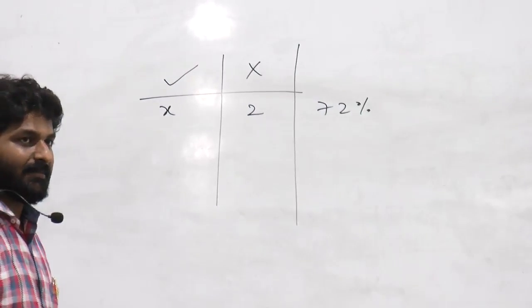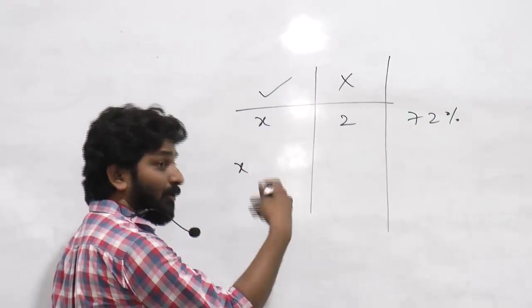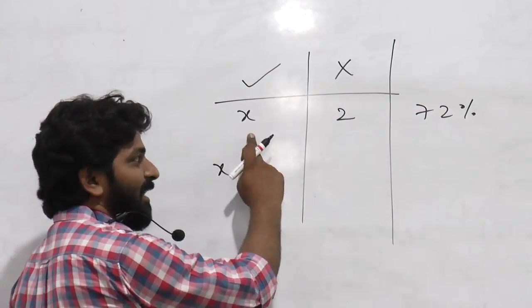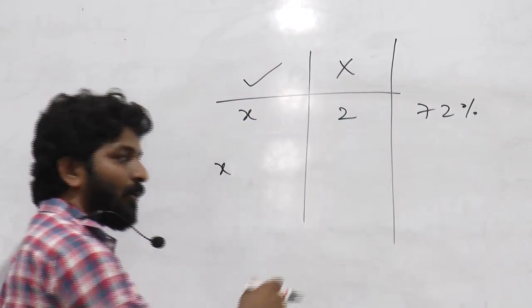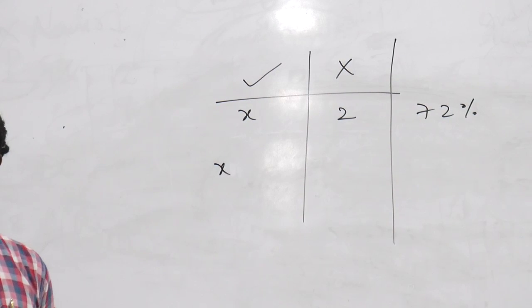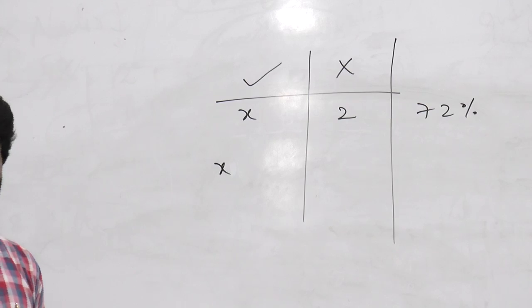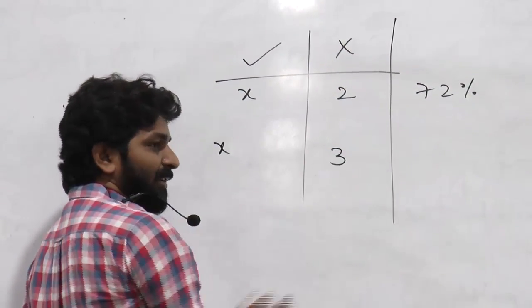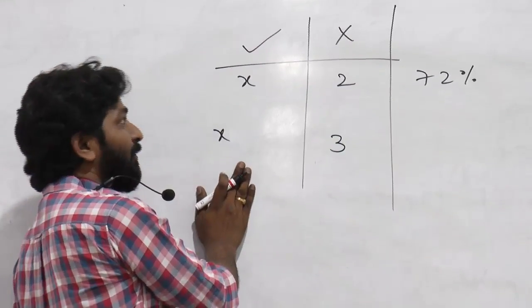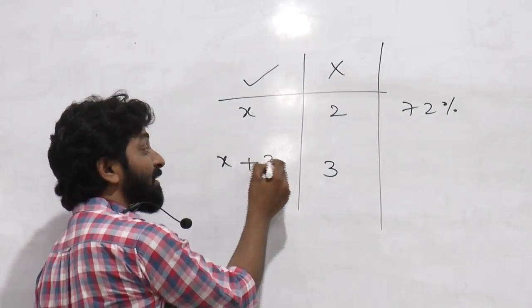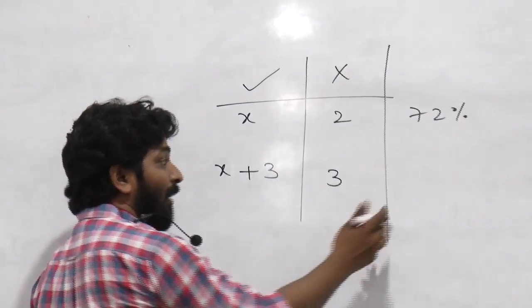In the next case, if he attempts 4 more questions, earlier it was X plus 2, now 4 more, so that is X plus 6. Out of X plus 6 questions, the number of questions given wrong is 3. So how many questions were answered correctly? X plus 3.